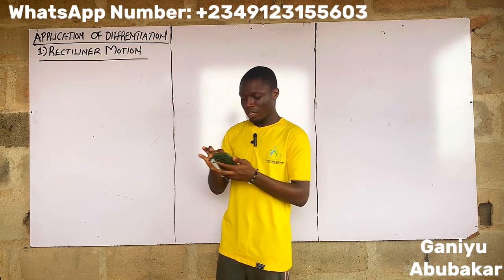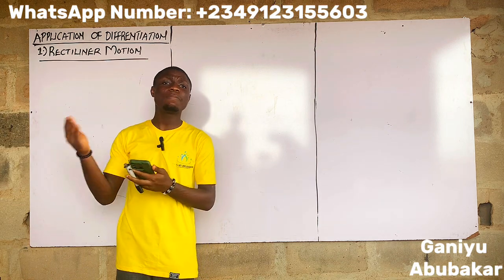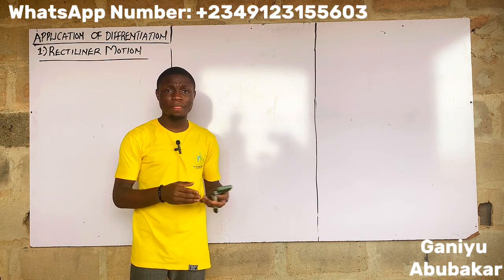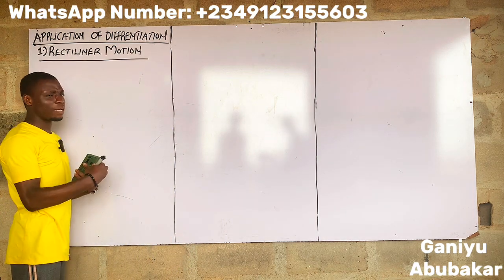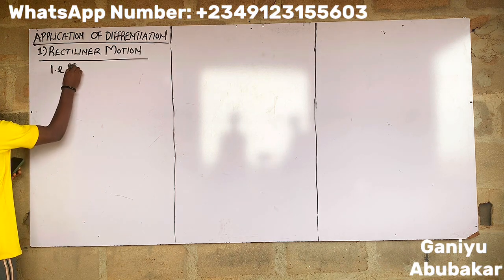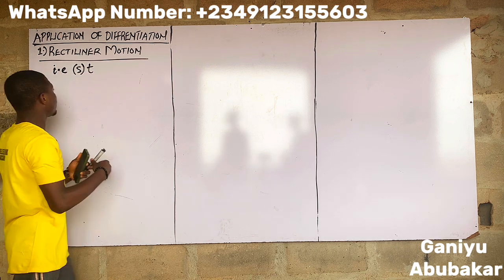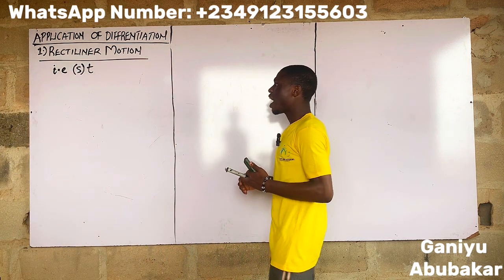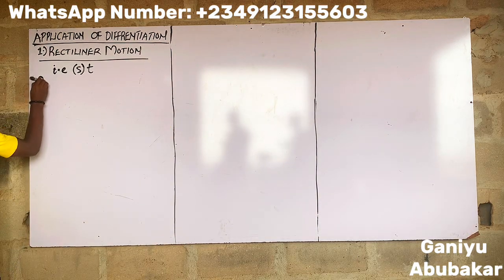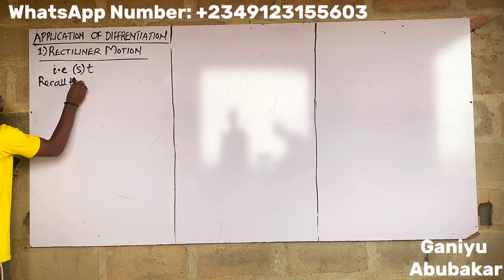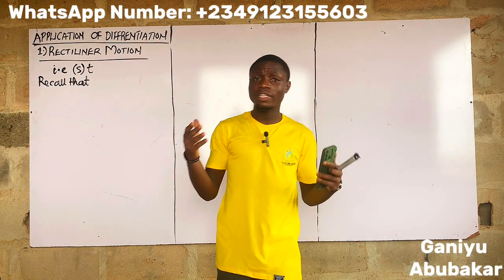Given distance or displacement as a function of time, that is s of t, recall that velocity is the rate of change of displacement or distance.